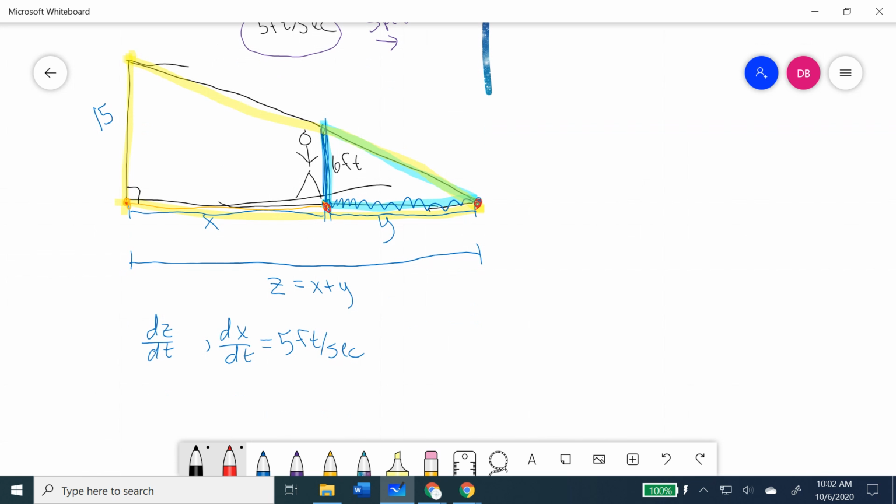So I made a Z just to make it a little bit easier to look at these triangles. And I have basically my vertical to horizontal of the blue triangle is 6 to y. And on the yellow triangle, the vertical to the horizontal ratio is 15 to z. Now, I can put z or I can put x plus y. It's just a matter of what you're more comfortable with.